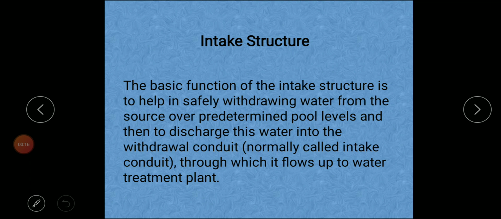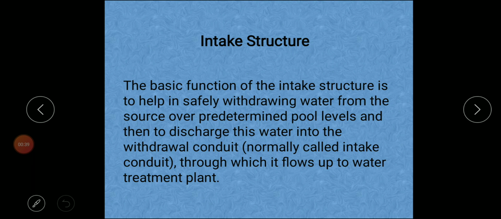Whenever water is withdrawn from a surface source, such as a lake, a river or a reservoir, the entrance of the withdrawal conduit is not an integral part of the dam or any other related structures. Then an intake structure must be constructed at the entrance of the conduit.